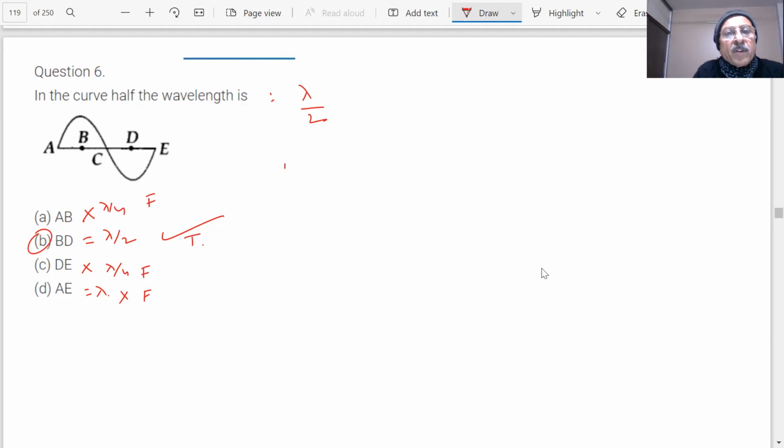So what is the correct answer? It is choice B, which is BD equal to lambda by 2. AE is one full wavelength. Started here, and one complete cycle is completed.